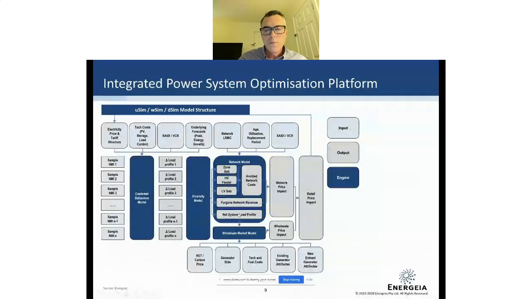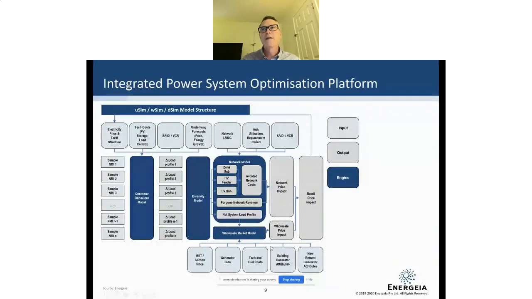Now, the combined load profile for each state is then fed into our wholesale market model, or WSIM, which takes into account renewable energy targets, carbon prices where they are there in the scenarios. There were none in these scenarios, generator bids, technology fuel costs, and existing generator attributes, and then the cost of new generators.